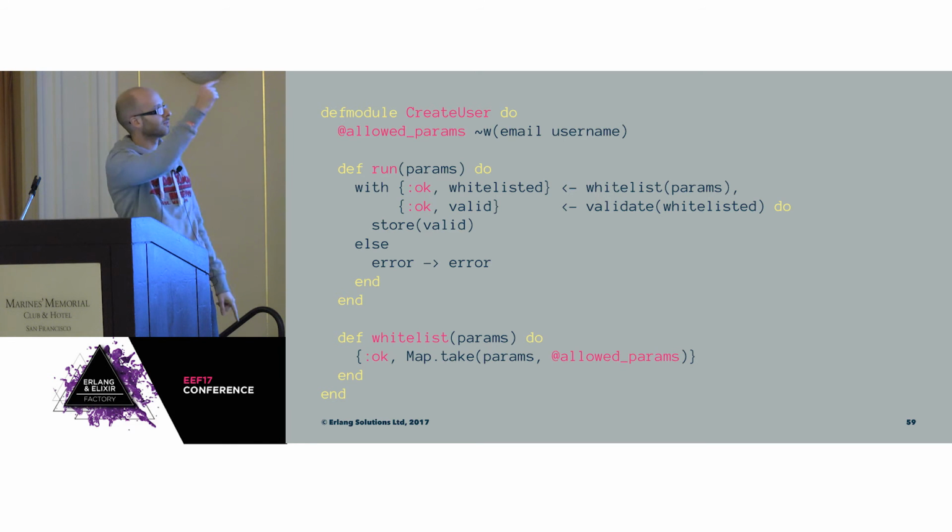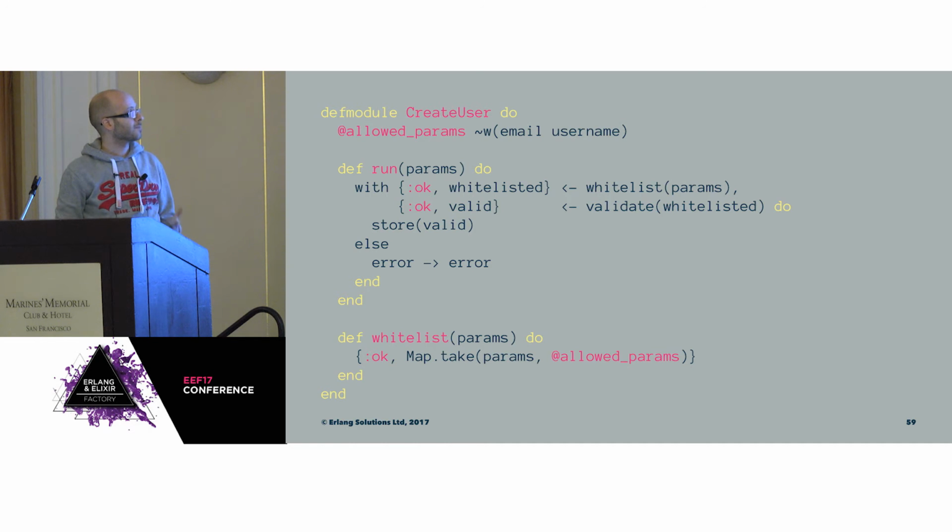So you just keep zigzagging, right to left, right to left. If at any point a pattern matching clause doesn't match, you drop directly into the else branch, where you get the value that didn't match. You can pattern match on it and return whatever you need.